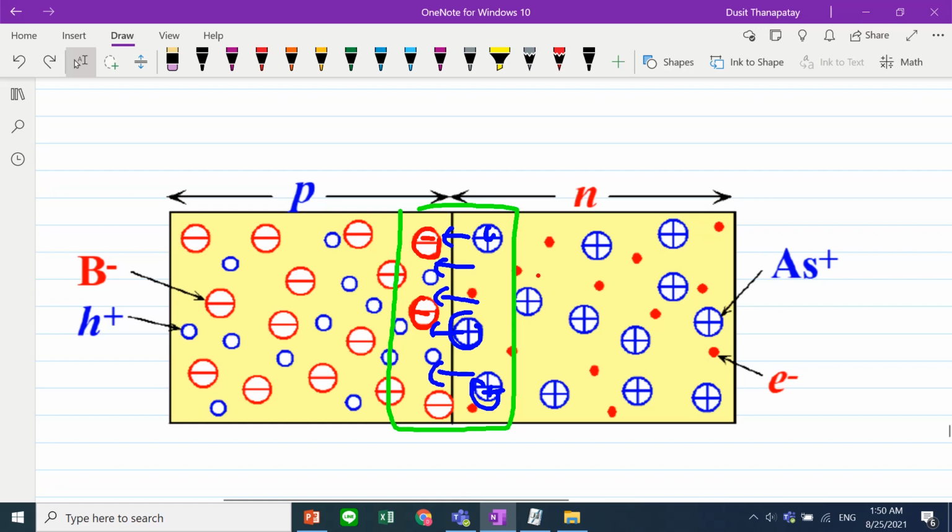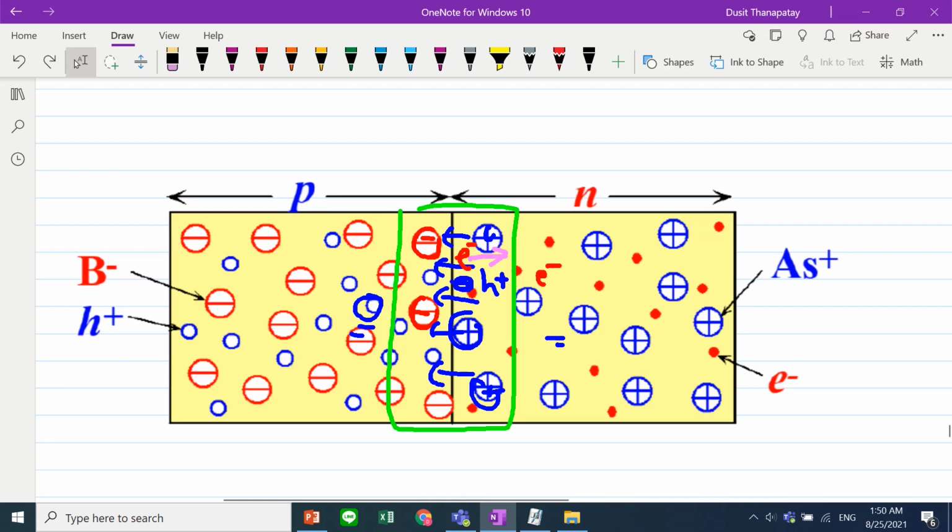So when an electron tries to diffuse from N to P, it must pass through this electric field, and the force from this electric field pulls the electron in the opposite direction to the diffusion. Similarly, because of the concentration difference, holes try to diffuse in this direction, but when a hole passes through this area, it is a positive charge, right?